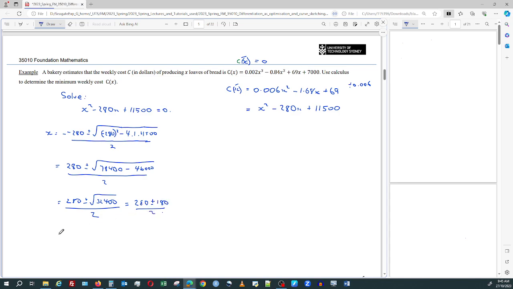Now we'll split the fraction. 280 over 2 plus or minus 180 over 2. So 28 is 14, so it's going to be 140 plus or minus, now 18 is 9, so 180 divided by 2 is 90. So we have two values.